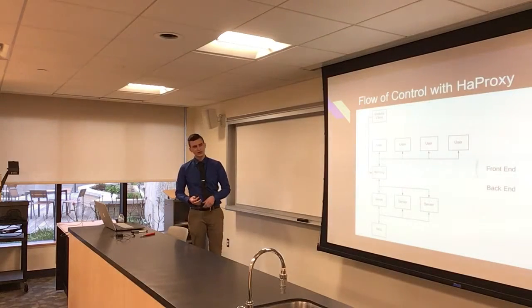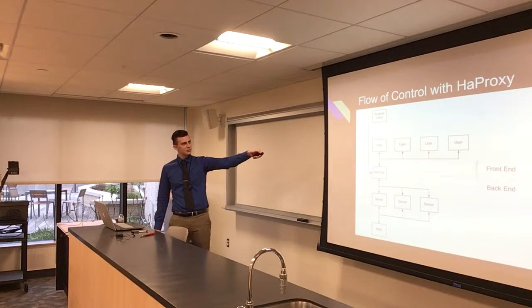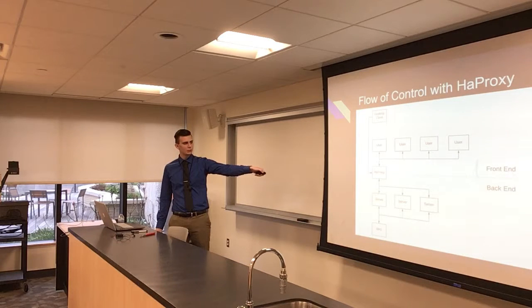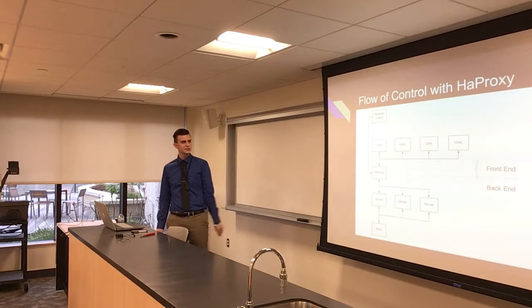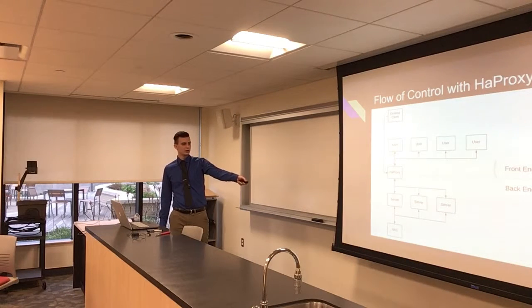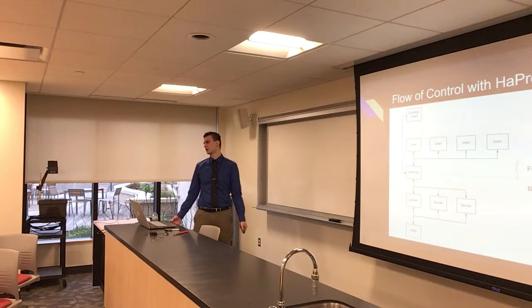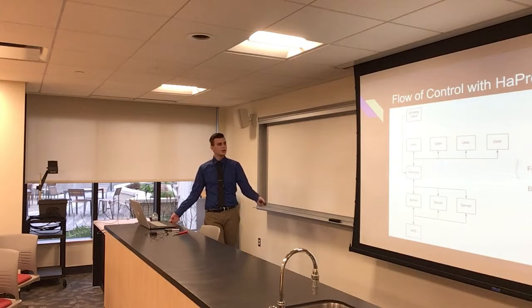And this is the flow of control with the addition of a proxy, where the client will still only be run once, but instead it will be sent to HAProxy, where it would be distributed to the 3 servers. So the user would have an account, if you will, on all 3 servers, and every request to compile, debug, or transfer would go through HAProxy first, and then be distributed to the server with the least amount of work being done on it at that time.